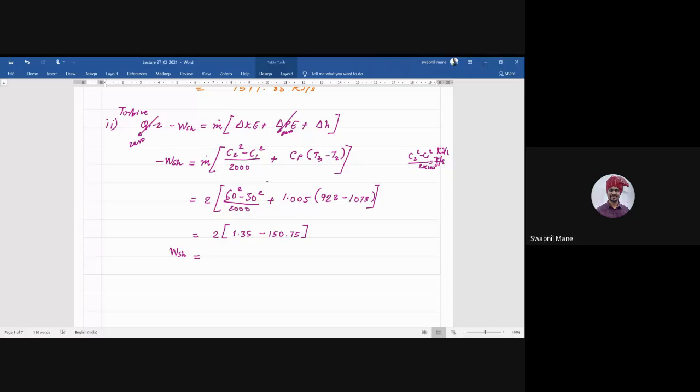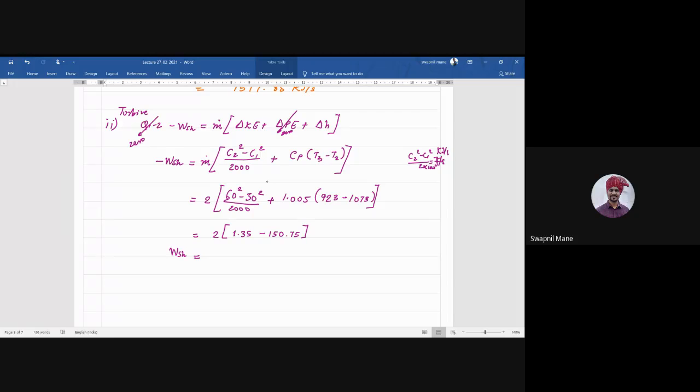Because all these values, Cp is also in kilojoule, no? Yes, sir. Got it. Right, and this is kg per second. So kilojoule per kg Kelvin. So Kelvin will cut, kg will cut, so we'll get kilojoule per second. So this answer should also be in kilojoule per second, so that we can subtract from these two things. Yes or no? Yes. Right.